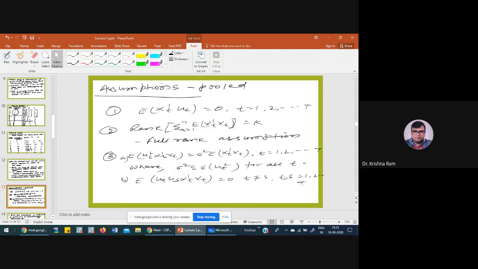In the case of OLS, I mean the classical linear regression model, when you use OLS, we assume all these things: no heteroscedasticity, no autocorrelation, no perfect multicollinearity, which is taken care of by the full rank assumption, and no endogeneity, which is taken care of by the expected value of x prime t u t equal to 0.